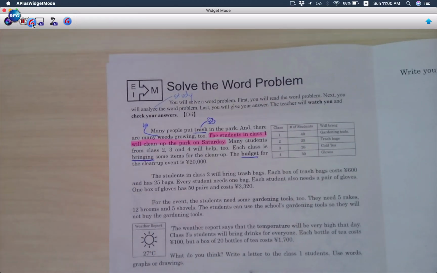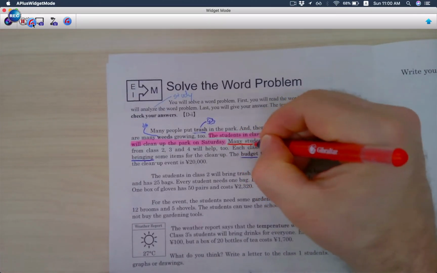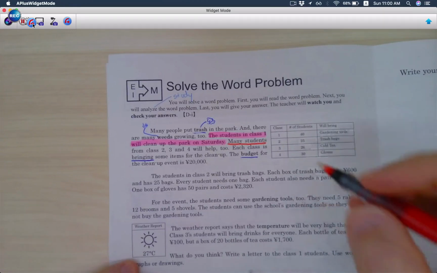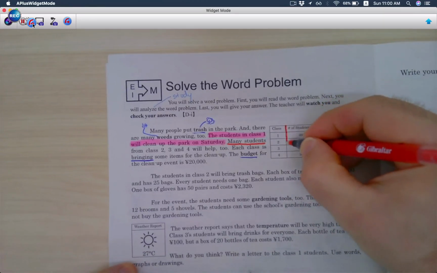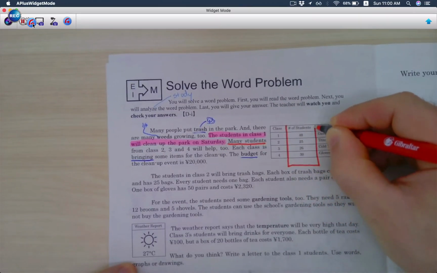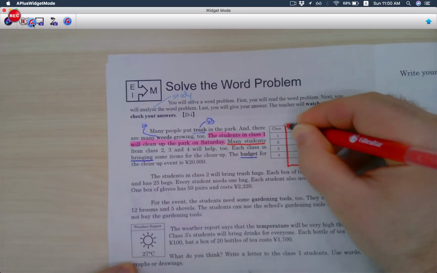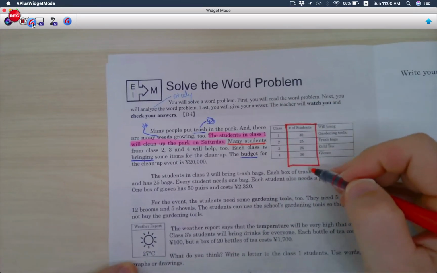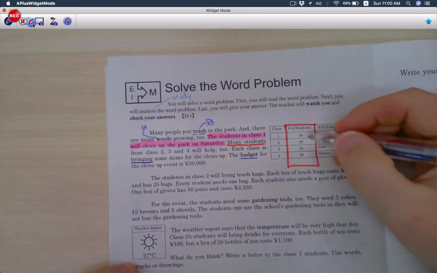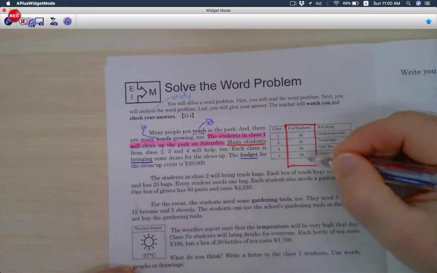So I understand that there are many students. But how many students? Look, here I can see the number of students in each class. So I need to add them. Let's do that now. 5 and 6 makes 11.